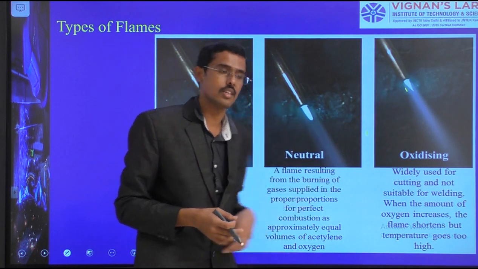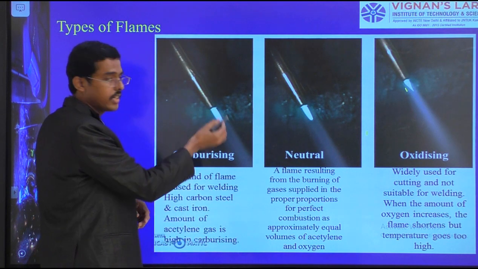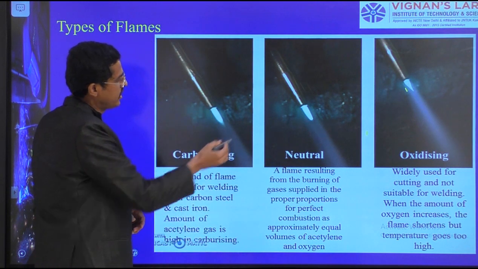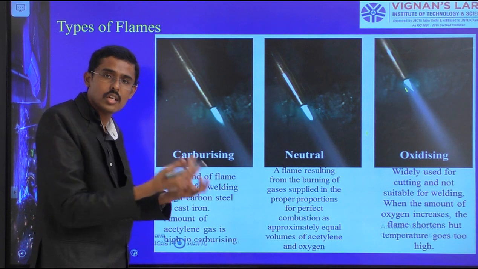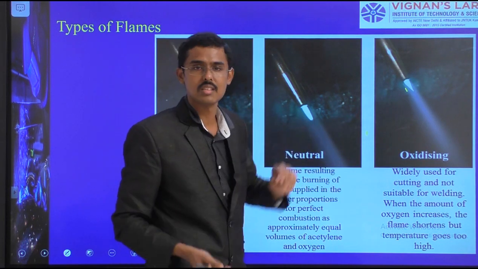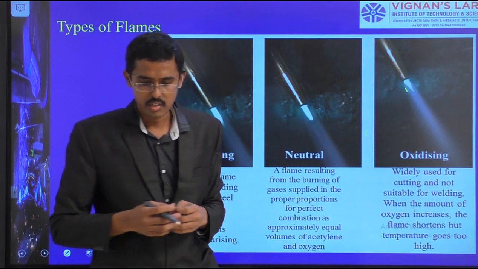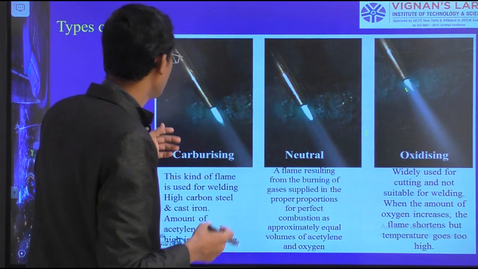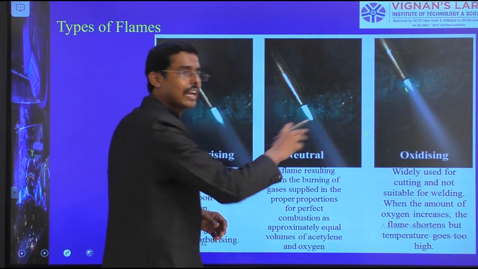Here there is also a light feather with 3 layers, so it is a carburizing flame. By seeing the flames themselves, we should find how they can be classified.